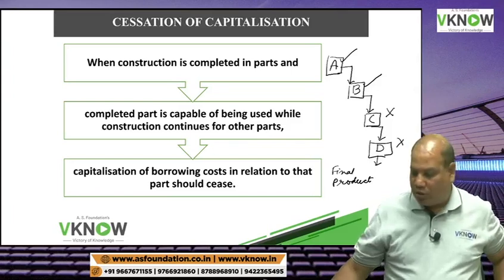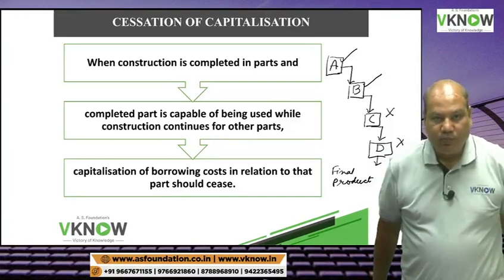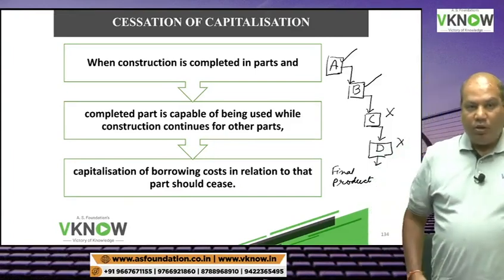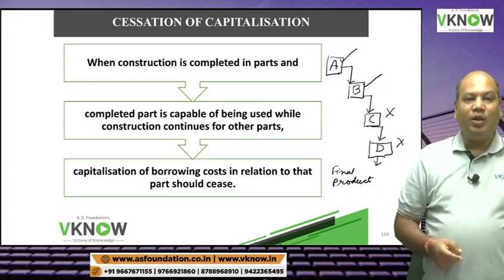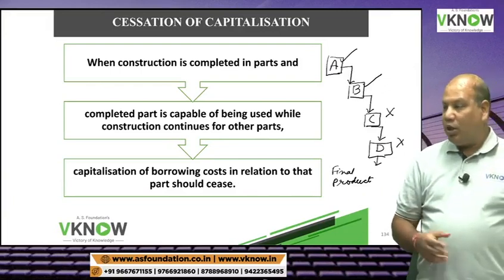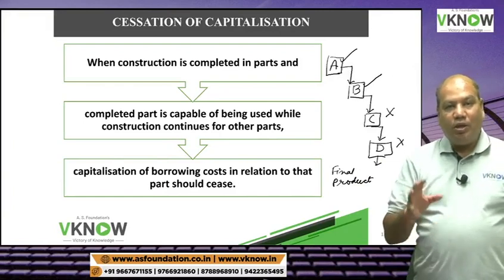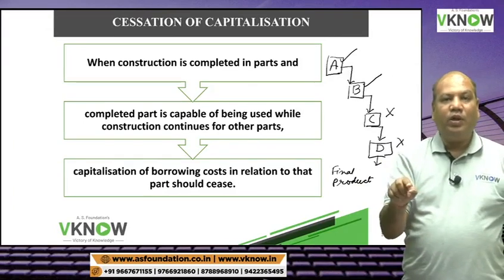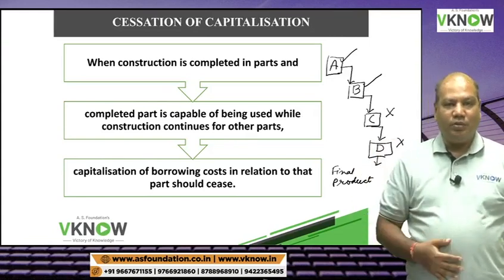Oh my God. Now there is a problem. What is the problem? In this example, unless C and D are also complete, A and B cannot be used independently. A and B can be used only when C and D are also complete.